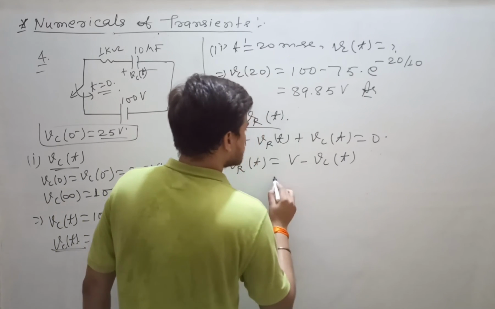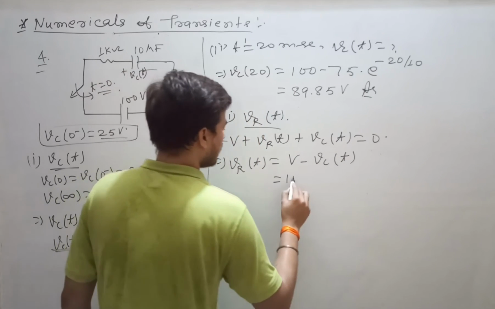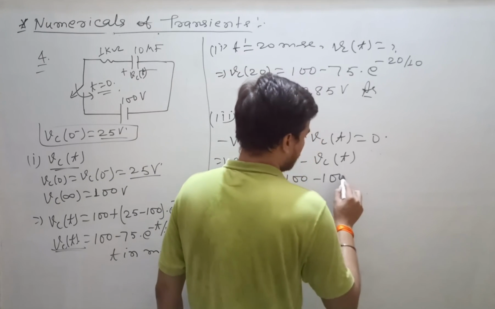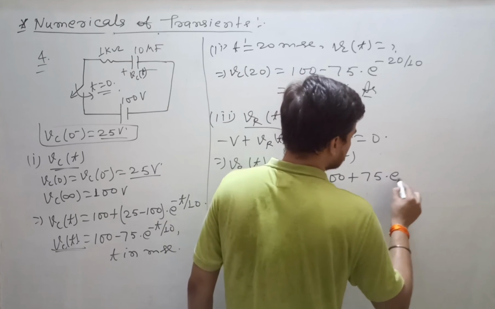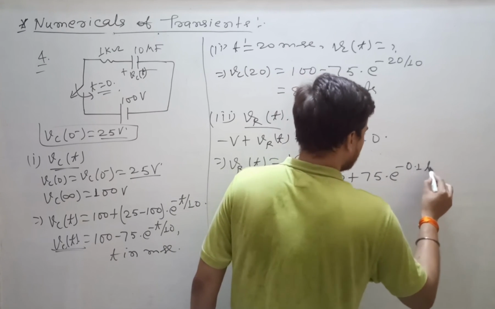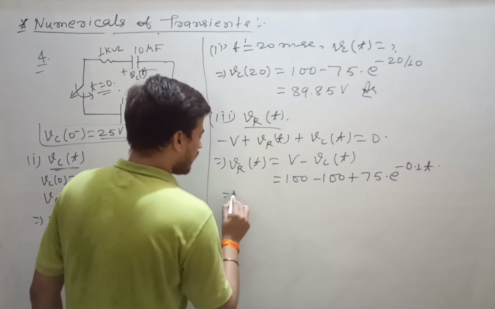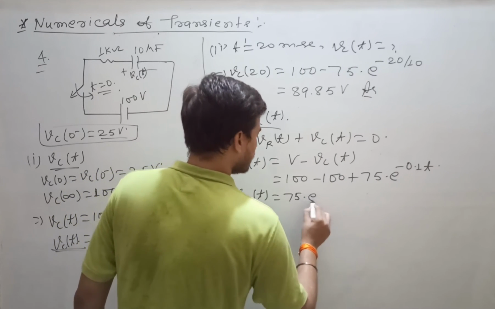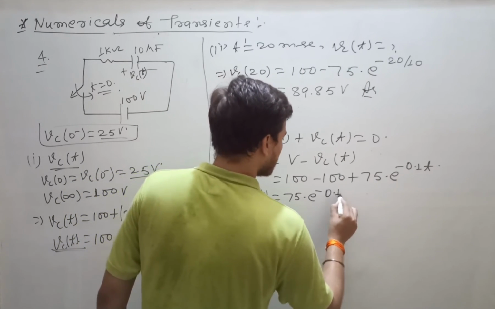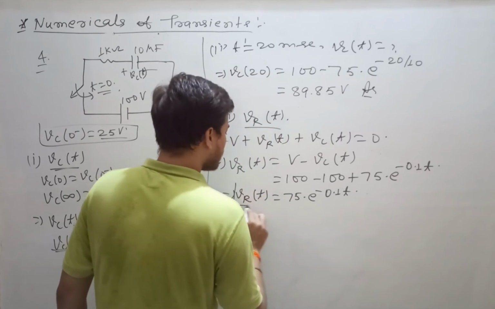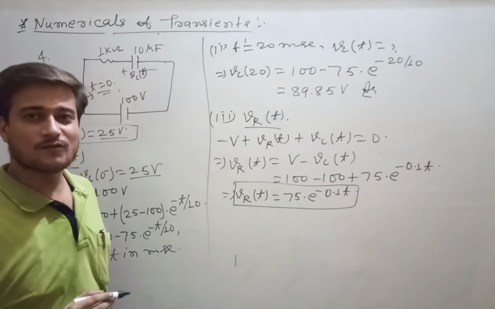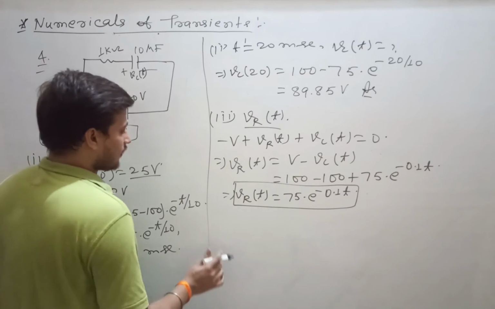That means the value of V is 100, minus VC(t), that is 100 minus 100 plus 75 into e to the power minus 0.1t. So VR(t) is equal to 75 into e to the power minus 0.1t. Clear?